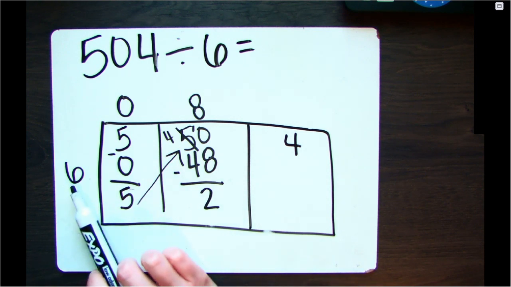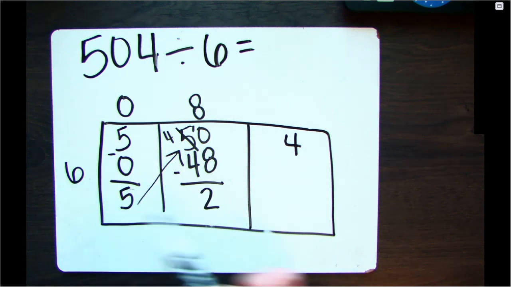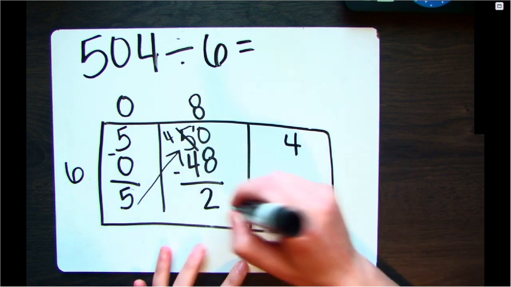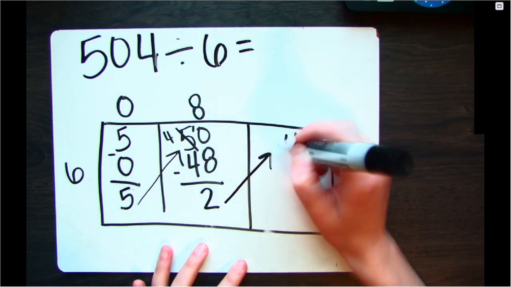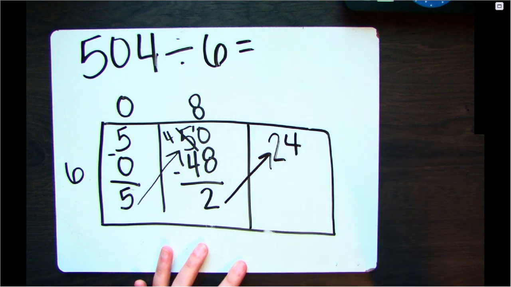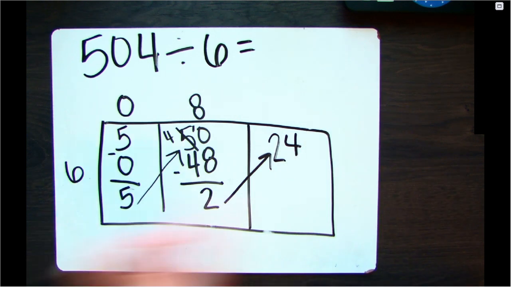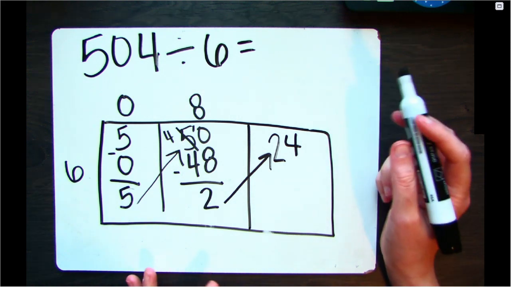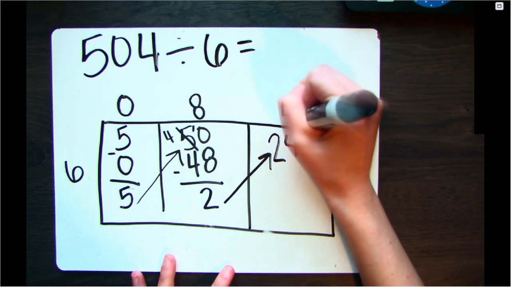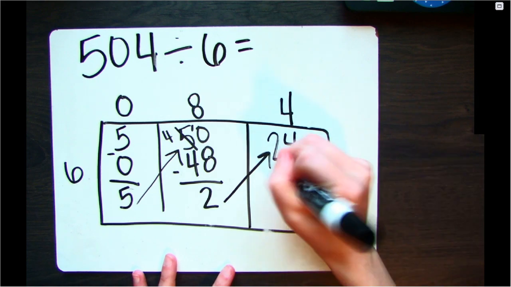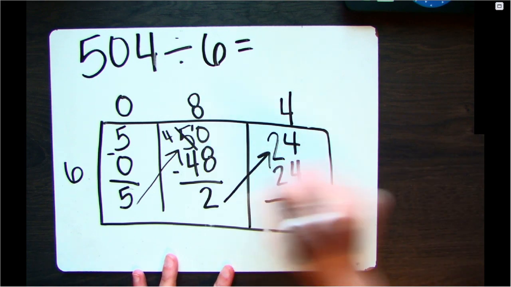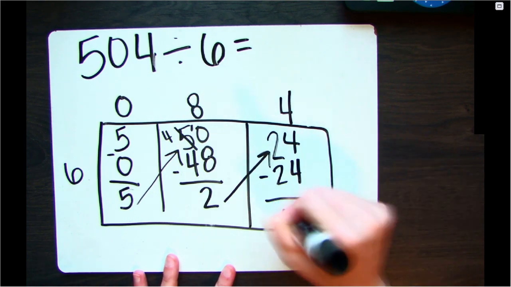I can't multiply anything times 6 to get to 2. So again, I need to bring it over and put it at the 4. And now I need to figure out 6 times what equals 24. So I know that 6 times 4 equals 24. So I'm going to subtract 24 to get 0.